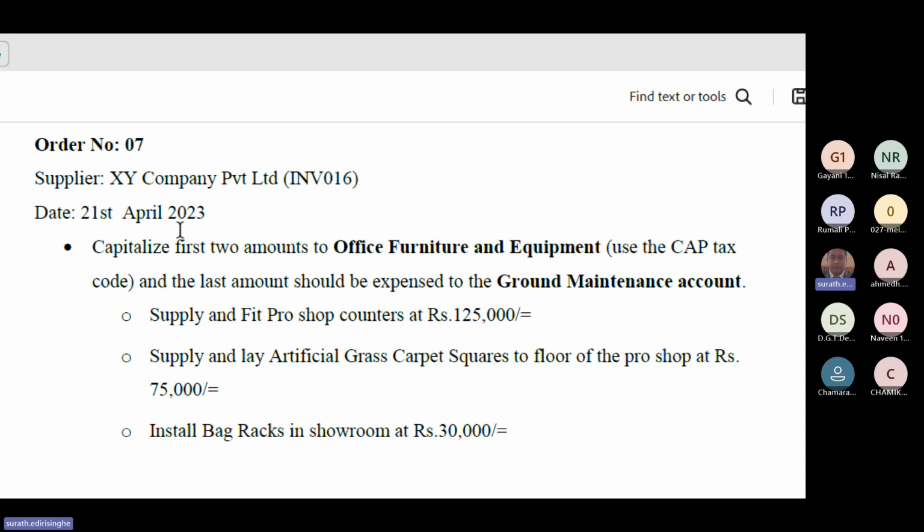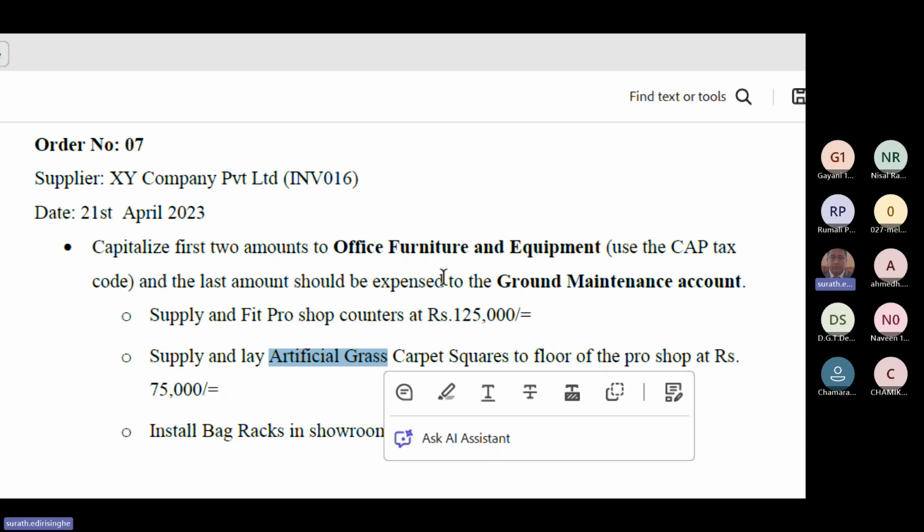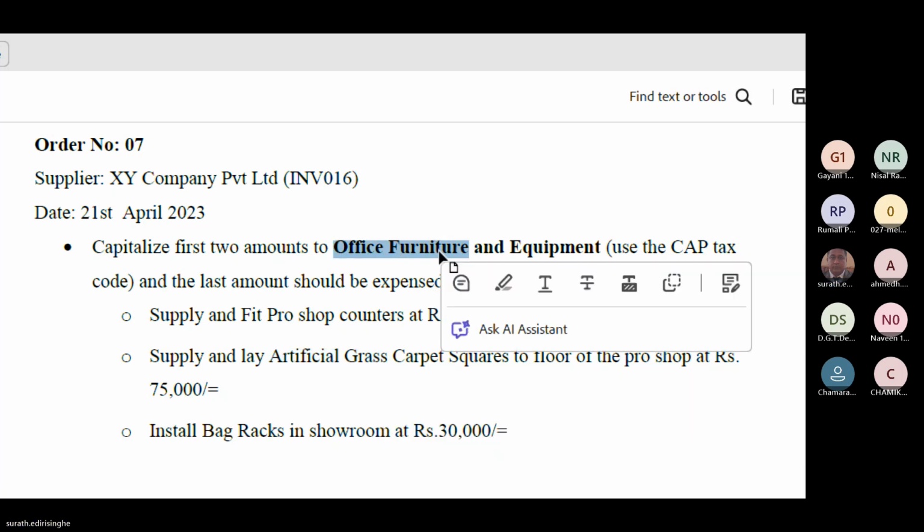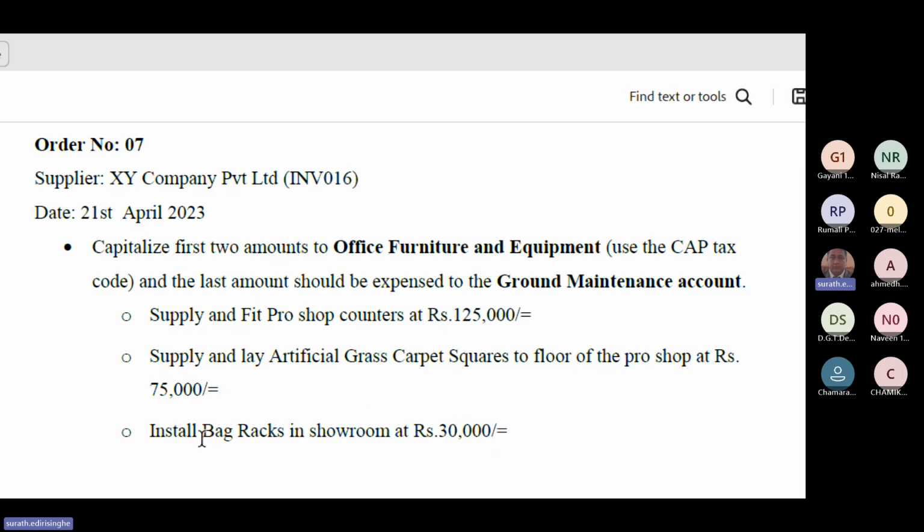Inventory adjustment: minus 1 item of fit for shop counter machine, add to the office furniture. Asset type: office furniture and equipment. The artificial grass carpet is also office furniture. Third one, bag racks belong to the ground maintenance account.